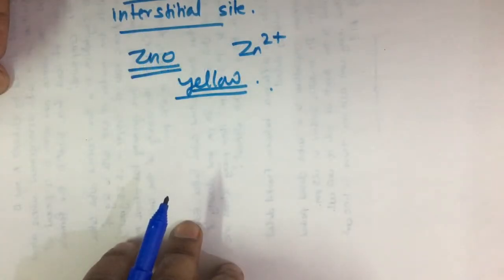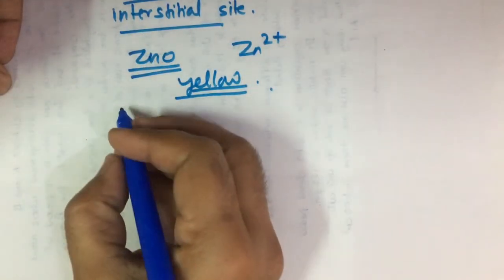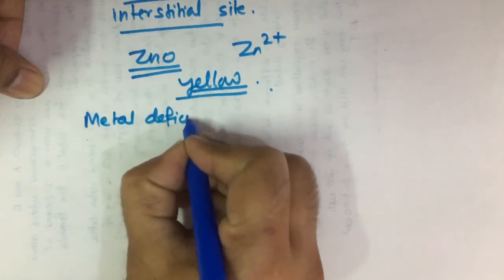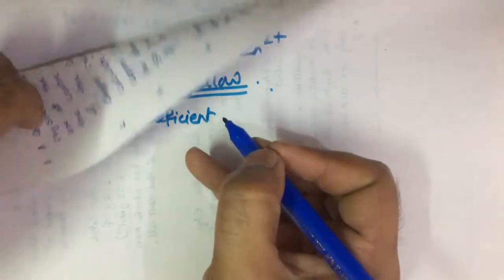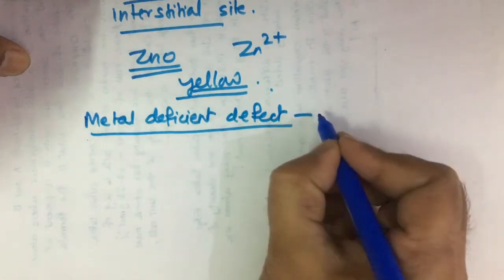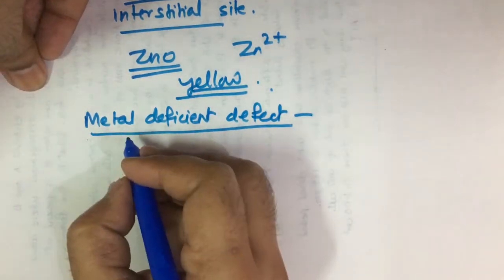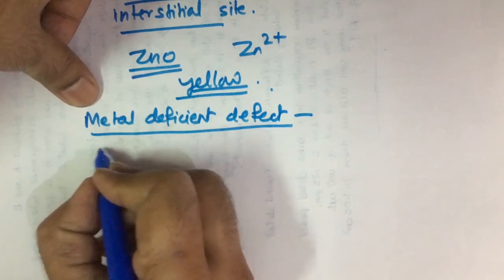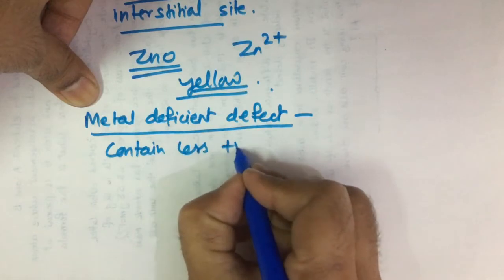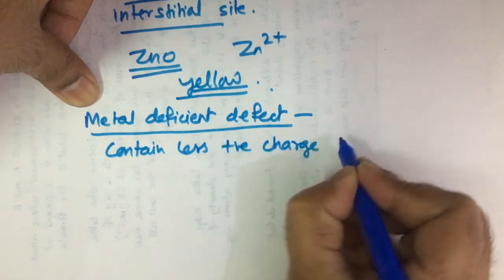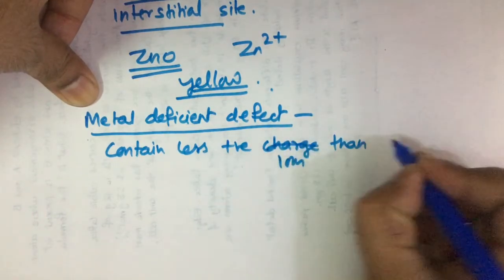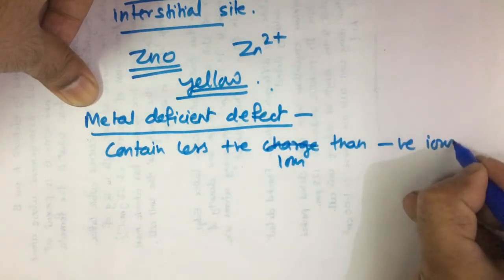The second type of non-stoichiometric defect is metal deficient defect. In this defect, the crystal contains fewer positive ions than negative ions.